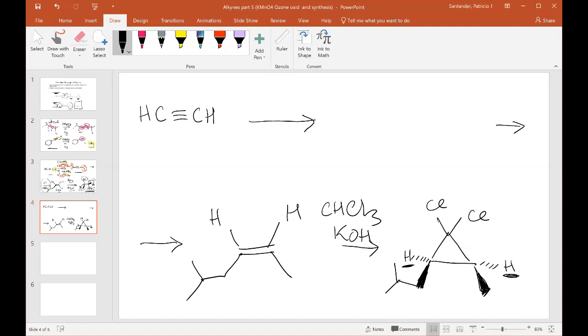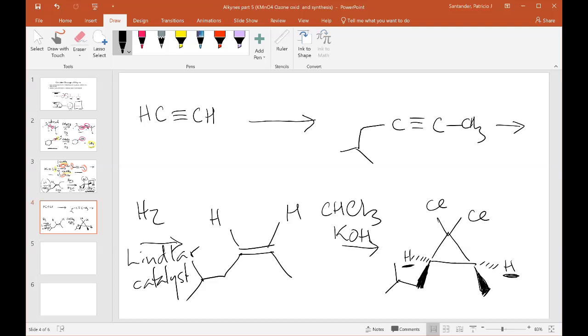So what kind of reduction should I have performed of the corresponding alkyne in order to obtain that product? Well, it should have been a reduction that will give me a cis product. So the appropriate reagent will be hydrogen in the presence of a Lindlar catalyst.